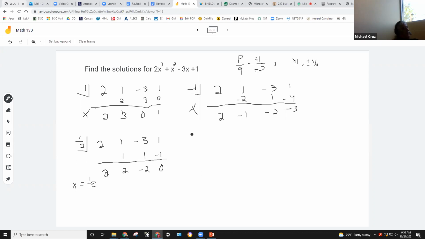Now, just to show you the fractions may not always be that bad. Let's just say if we had done this one first. All right, what would happen? So this is -1. -1/2 times 2 is -1.